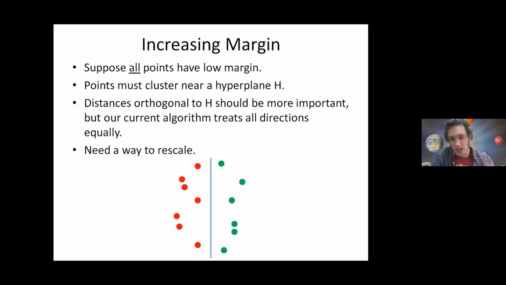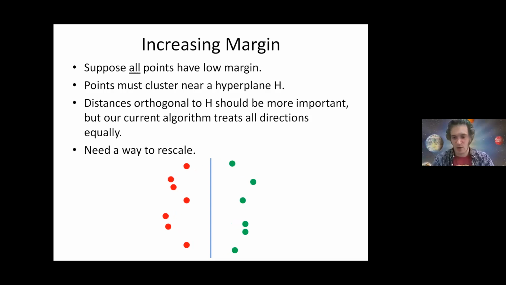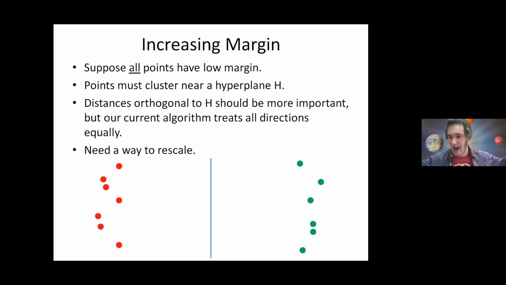For just the case where you have a bunch of points that are super close to a hyperplane, you can literally rescale the points outwards. Basically, we're applying some linear transformation to our problem, but we're doing it in such a way that we're getting rid of this weird issue that everything's clustered next to this hyperplane, which is leading to small margin, which is preventing our algorithm from working.